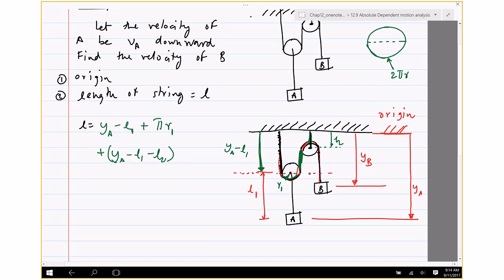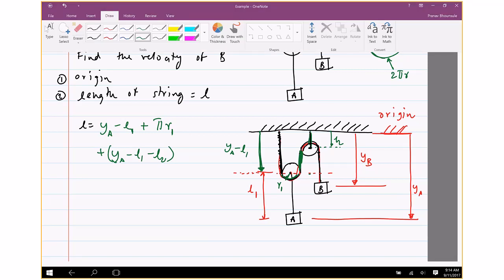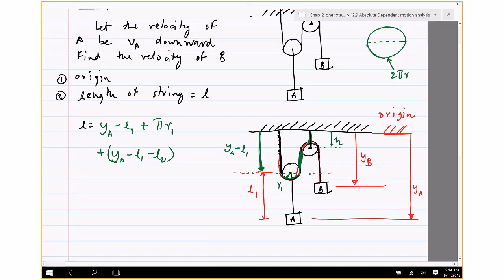You will not really write pi r, but just to be very complete, I wrote pi r there. So this is this part. Then we have this string. Let's assume that this radius is r2, so pi r2 gives me this string. And then finally, I need to write the length of this string right here. It's going to be YB minus L2.